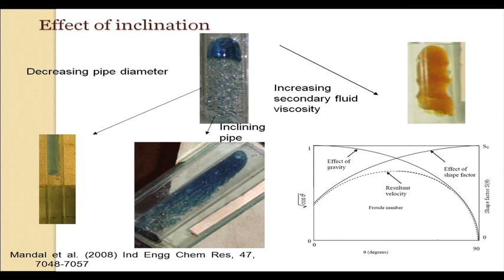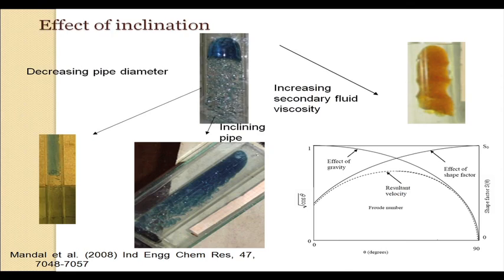Higher the diameter, greater is the formation of the wake region. Thirdly, the viscosity of the secondary fluid, because more is the viscosity, lesser will be the wave formation. And finally, the interfacial tension. The higher the interfacial tension, more stable are the Taylor bubbles. As a result, 2-heptanone bubbles rising in water are less stable as compared to kerosene or benzene bubbles.